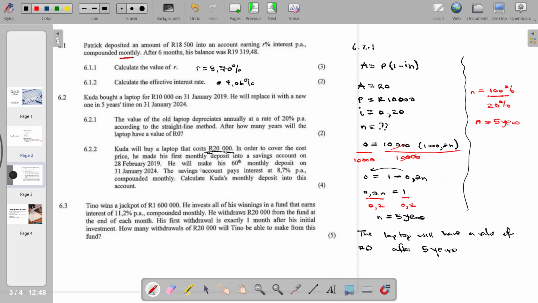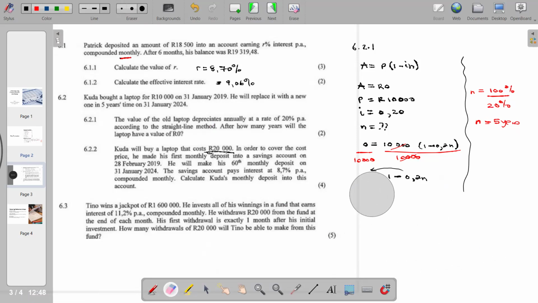So it means he wants to be paying monthly payments, 60 monthly deposits into a savings account. So it means we have an annuity. So we are going to use the formula for future value of an annuity. It's more the same way we deal with a sinking fund. So let's create space here for the next question.